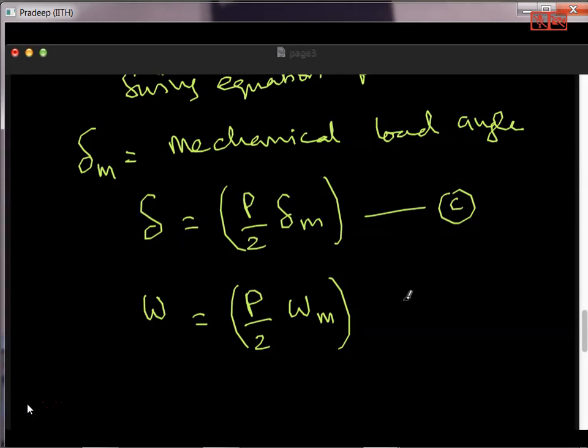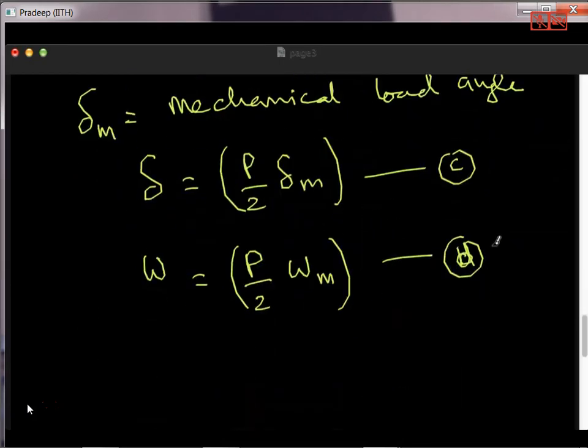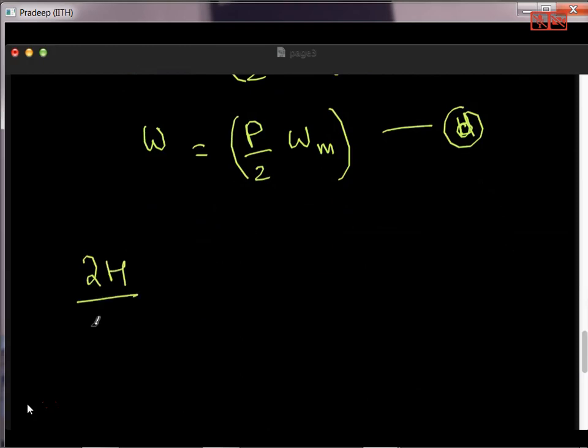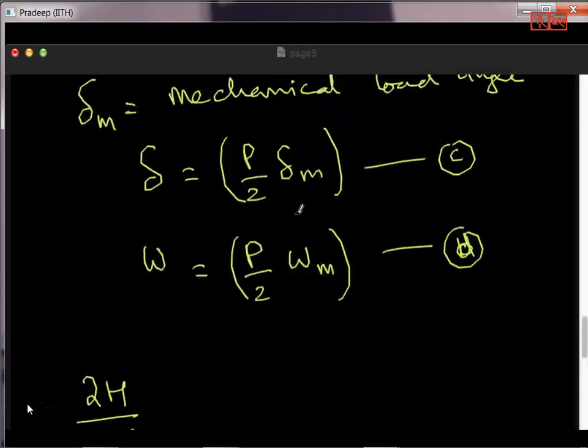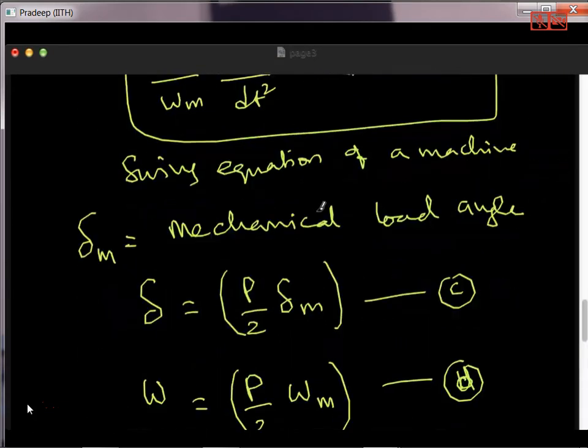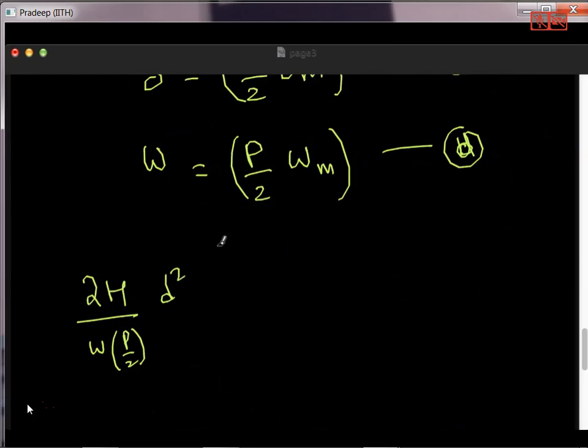So, if I substitute both equations C and D into this equation, you will get 2H by omega into P by 2, and then into d² delta by dt² into P by 2. So this P by 2 will get cancelled out.